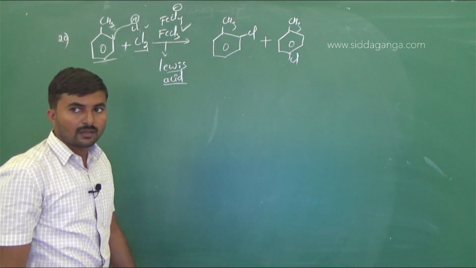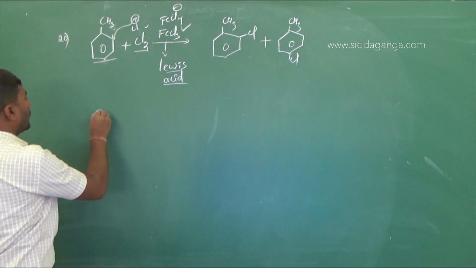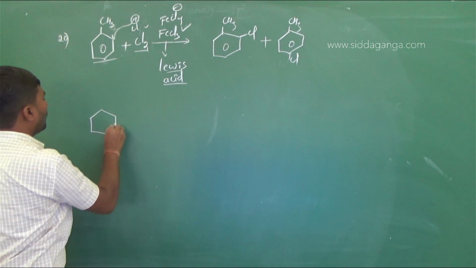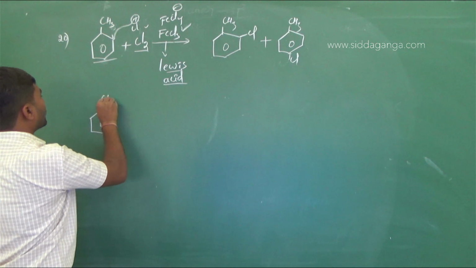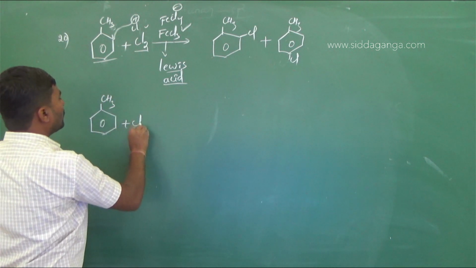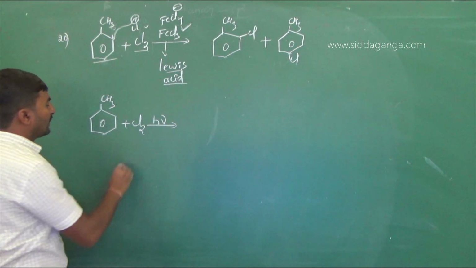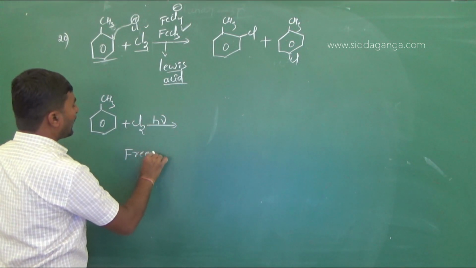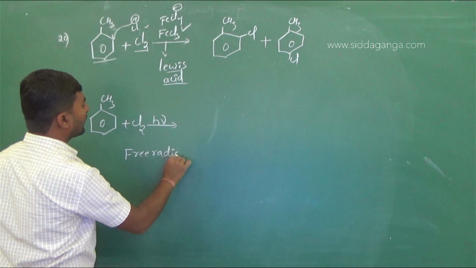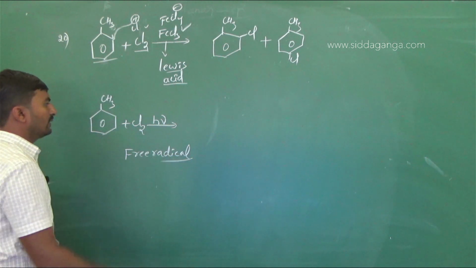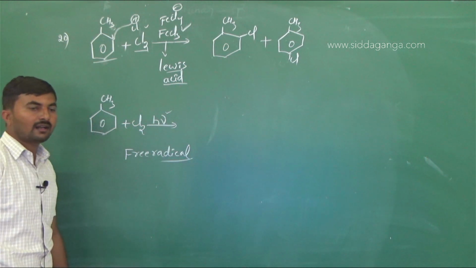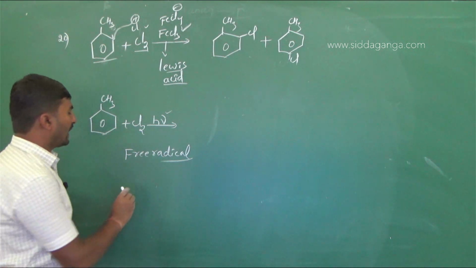But the same toluene molecule, when it reacts with Cl2 in presence of sunlight, H nu, free radical substitution takes place. You must remember, wherever they mention H nu, a free radical substitution reaction takes place.